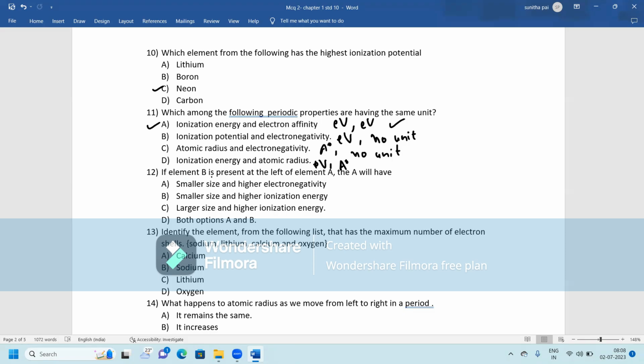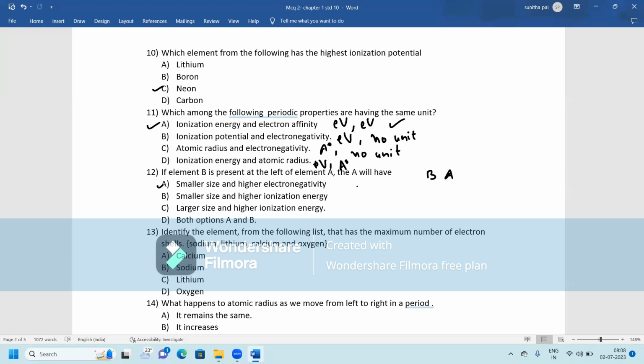If element B is present to the left of element A, so in the periodic table, they appear like that. A will have a smaller size, yes, true. Higher electronegativity. As you move from left to right, electronegativity is increasing. So statement A is correct actually.